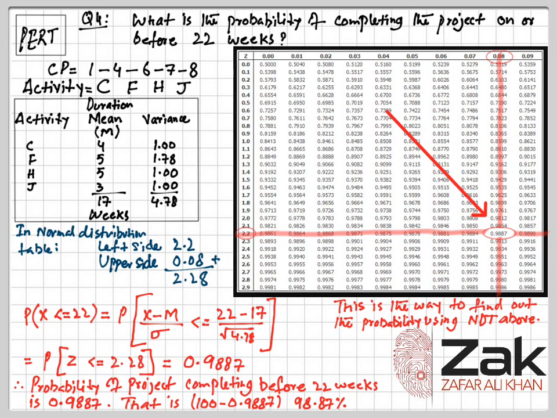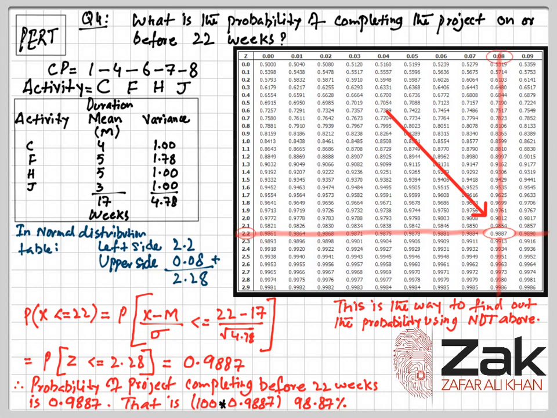The probability of the project completing before or on 22 weeks is 0.9887. When you multiply it by 100, this becomes 98.87. So this is the way to find the probability of completing the project on or before 22 weeks.